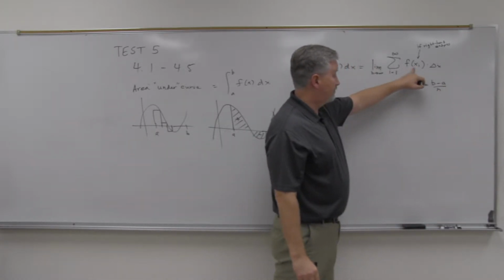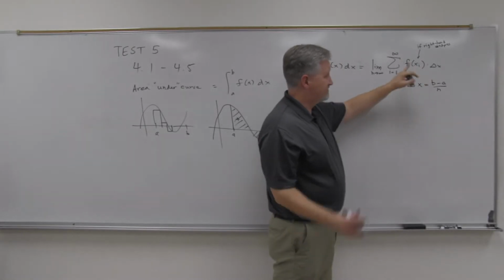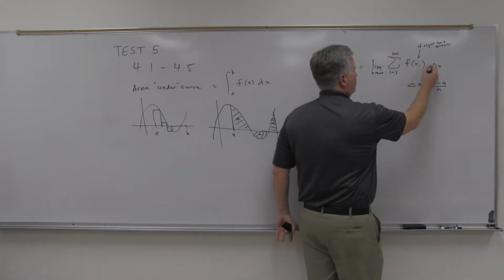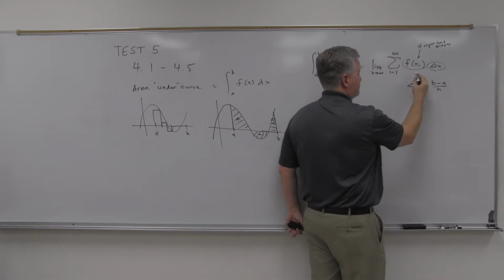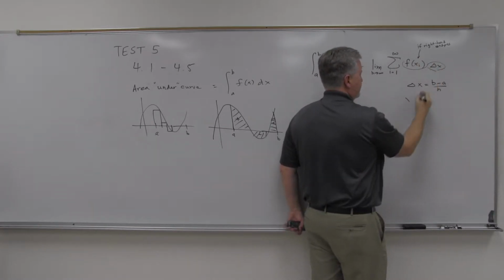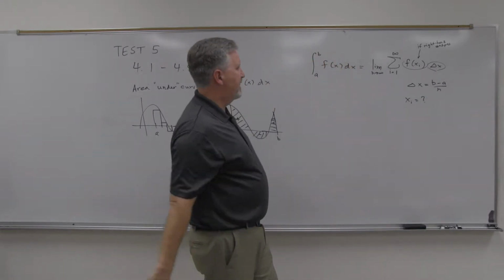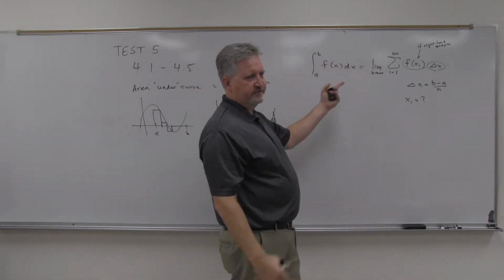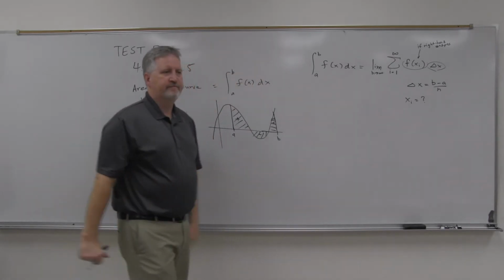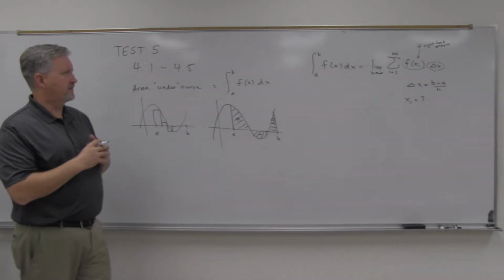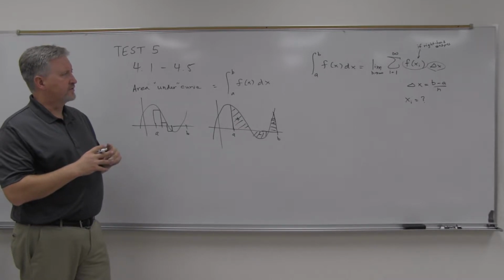The ones where we had to use this definition, we didn't have to actually evaluate the limit. Just figure out what this would be, which amounts to figuring out delta x, then a term for x sub i, and then plugging that into your function. I may have one of those. I know I've got one on the review sheet like that, so be sure to review that.